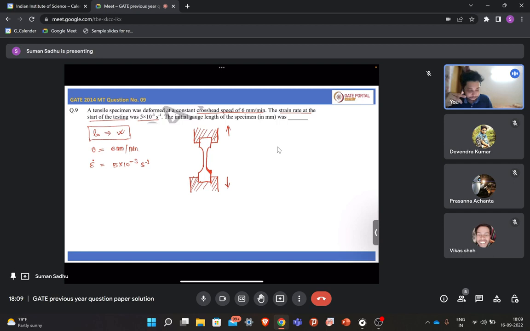Now let's say this is the initial condition, where the length of the sample was L naught, that is the gauge length of your sample. After some time, let's say this crosshead moves up to here. That means your sample will be a bit elongated, right?